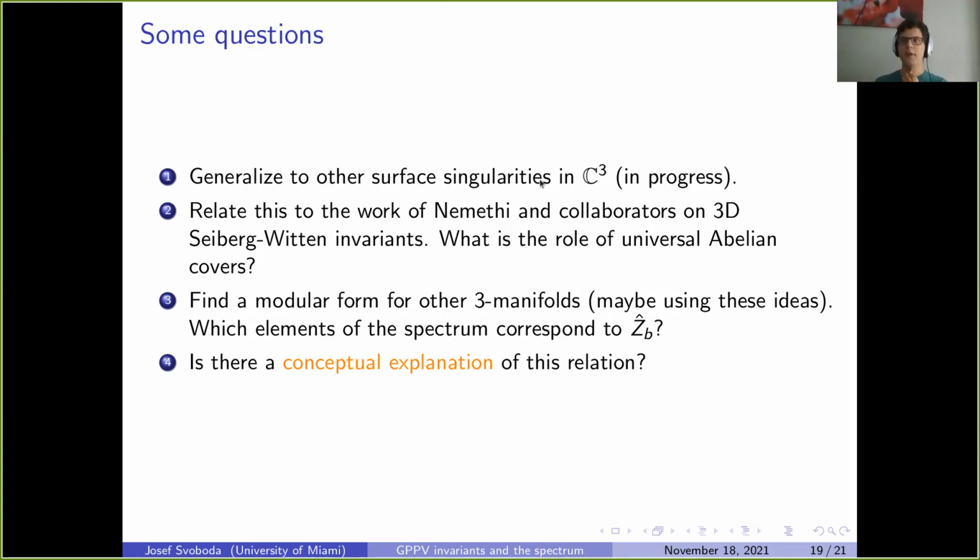And Vafa invariants, they are related to Seiberg-Witten invariants. So we hope that there could be some like big square of Vafa-Witten invariants, these Z hat invariants, Seiberg-Witten invariants, and these invariants of the singularity, so geometric genus or spectrum. And this should be all somehow interrelated, and it could explain this modularity of these invariants.